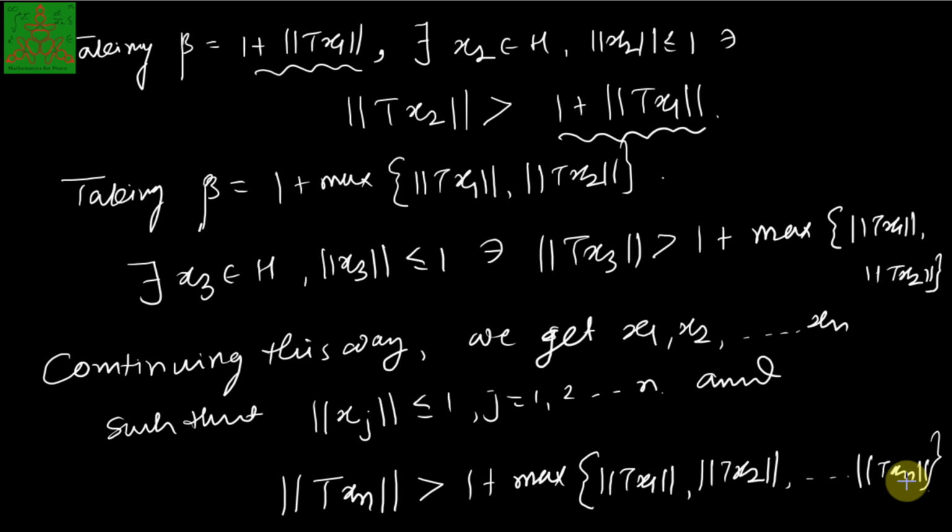Here it should be norm of T x(n minus 1); so this is actually norm of T x(n minus 1).